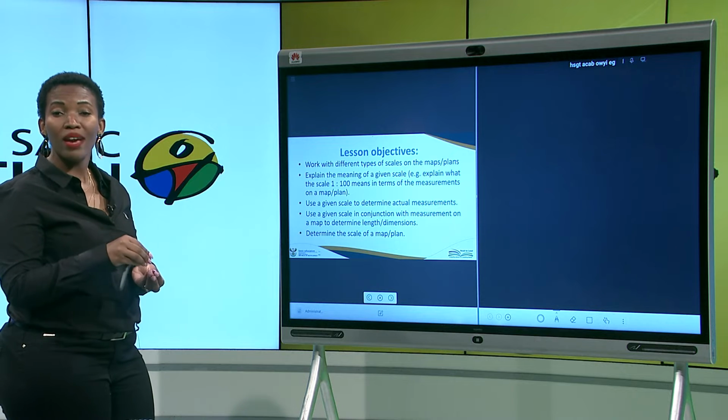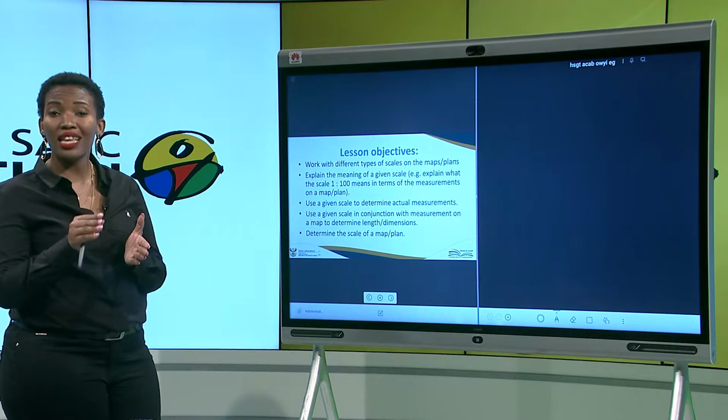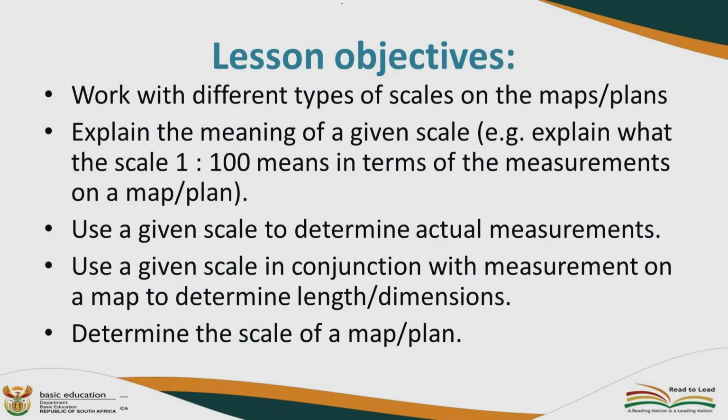And then I will go deeper into that as we work with the different types of scales. We should be able to use a given scale to determine the actual measurements. We should be able to use a given scale in conjunction with the measurement on the map to determine the length and the dimensions. And lastly, we should be able to determine the scale of the map or the plan.